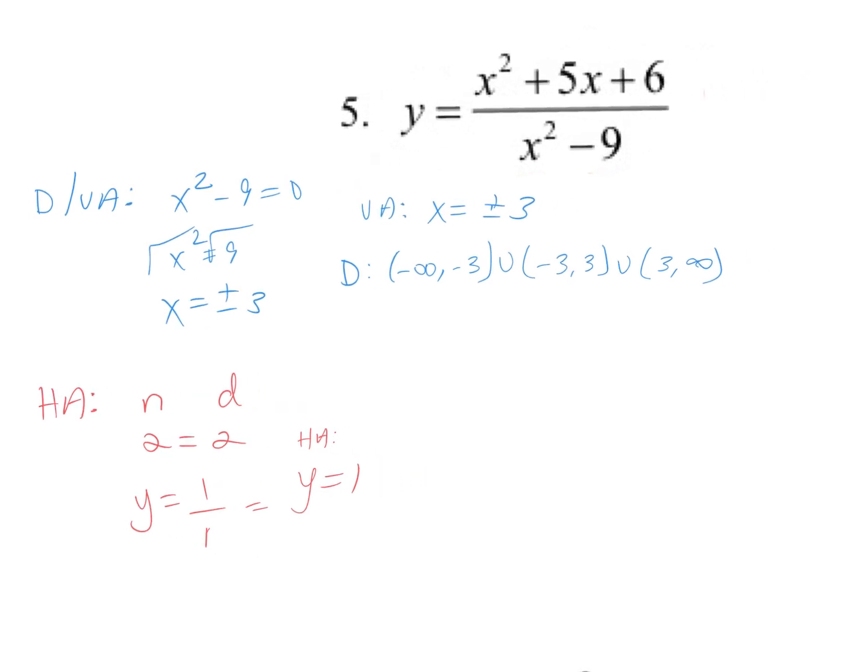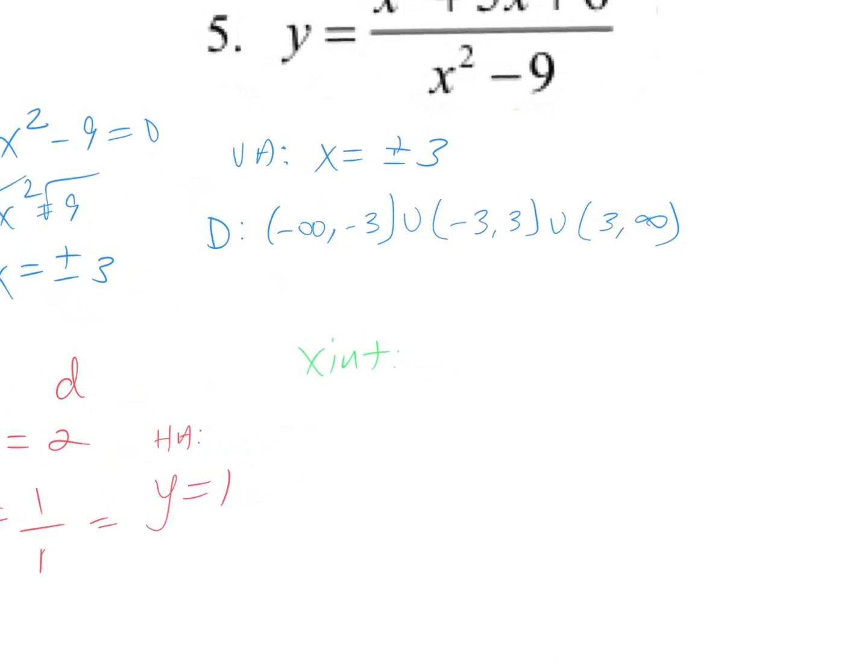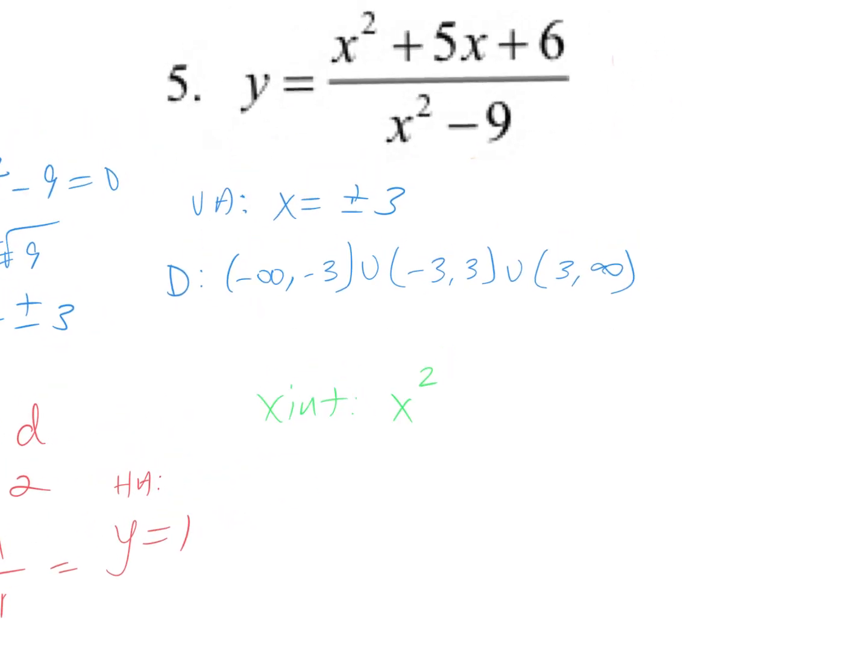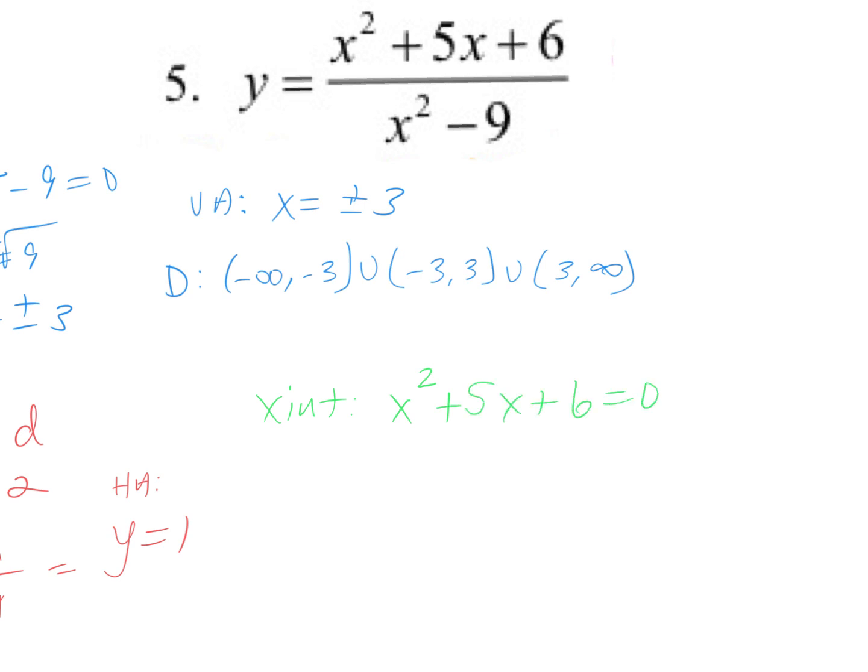All right, next thing, let's find x and y intercepts. How do you find the x-intercept? Numerator equal to 0. You're going to factor, guys. x squared plus 5x plus 6 equals 0. What are the factors of positive 6 that multiply to give me 6 and add to give me 5? x plus 3 and x plus 2.